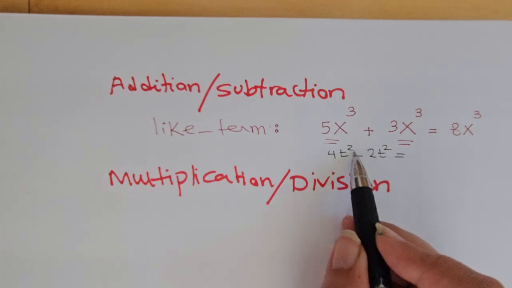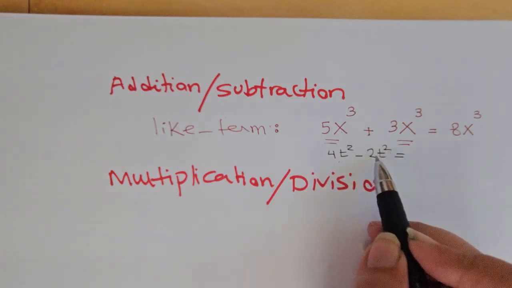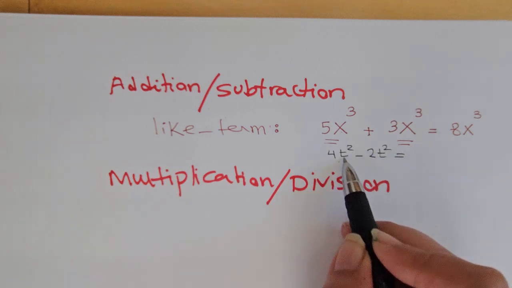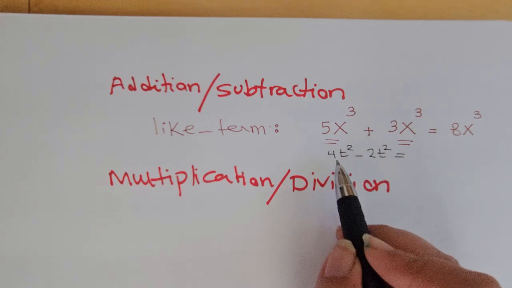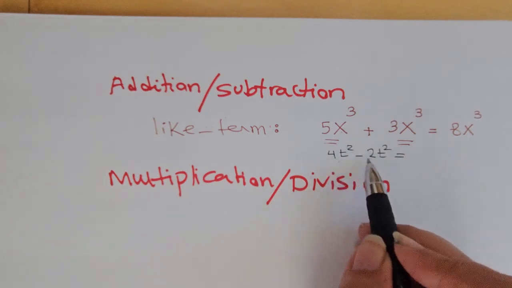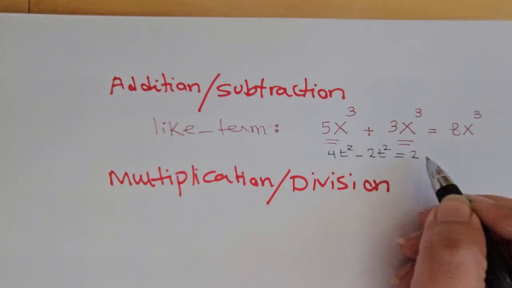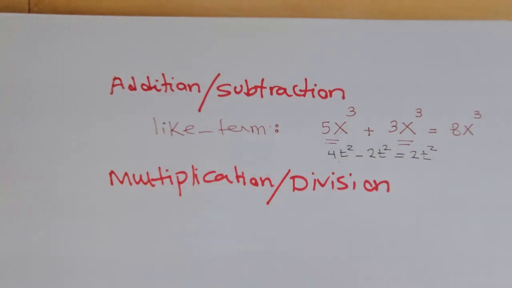Letter t, and it's raised to the power 2. In both cases, we have letter t raised to the power 2. So in this case, we can subtract the two coefficients. So the answer is 2 multiplied by t squared. This is how you can do addition and subtraction.